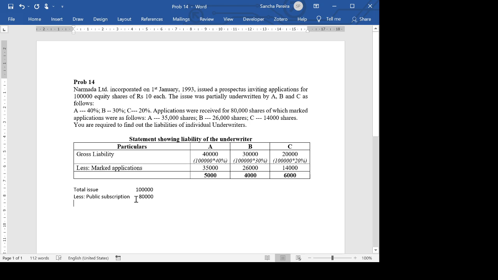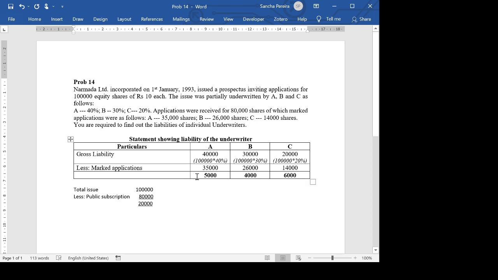So basically 20,000 was left. 20,000 other shares not taken up by anybody. Now let's see how this 20,000 is divided.